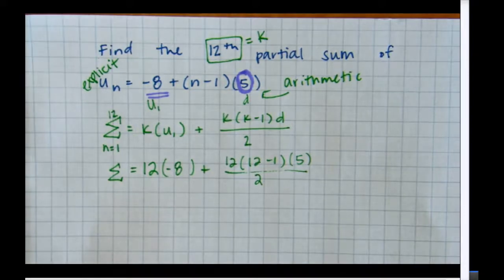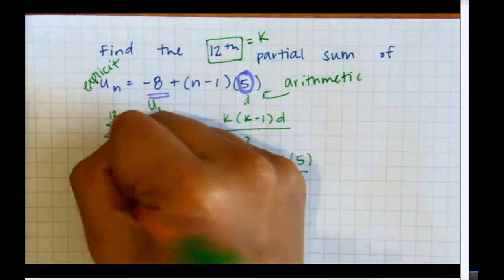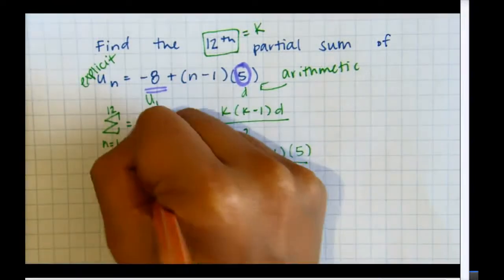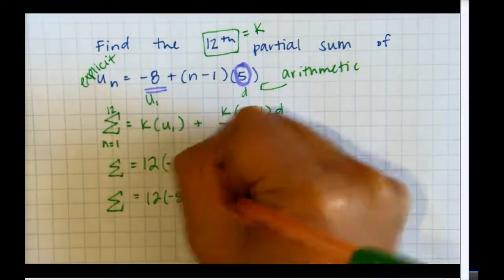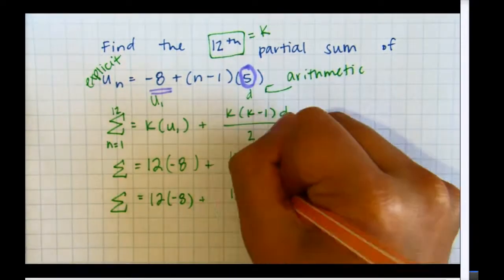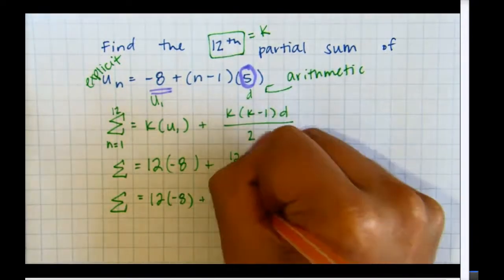When I solve this, I'm going to use the order of operations to simplify, and I'll go through this a little bit quickly. So my sum is equal to, I'm going to leave 12 times -8, plus 12 times 12 minus 1, which gives me 11, times 5, divided by 2.